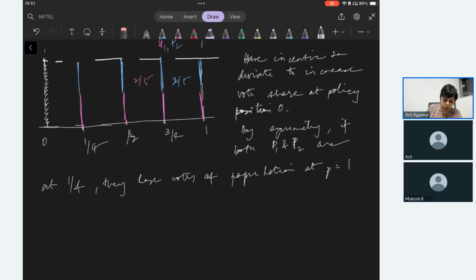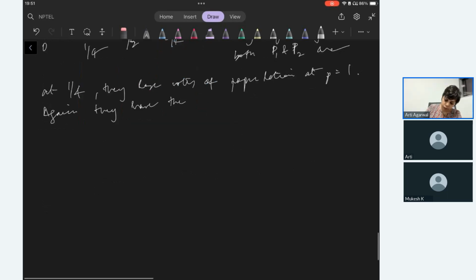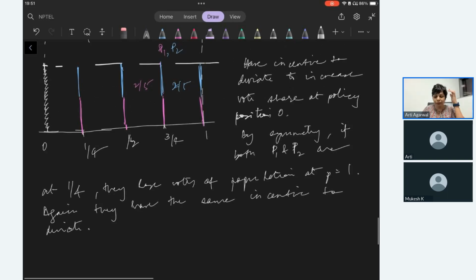Right? Again, they have the same incentive to deviate. I hope my handwriting is not so terrible that you can't read it, but the logic I have already explained.